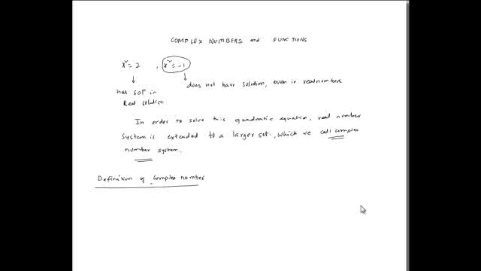Now we'll go to the basic definition of a complex number. First of all, we define the symbol i, which is called the imaginary unit.